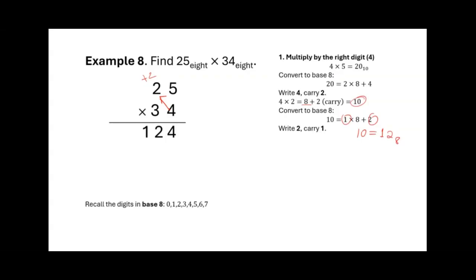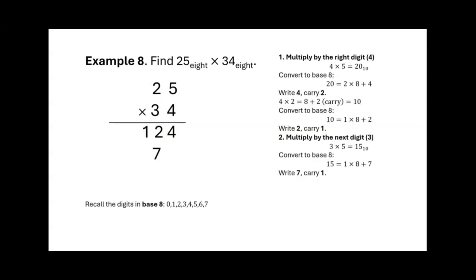I write down the 2 and carry the 1 onto the next value as an addition. Since there's nothing to multiply, I just do the final carry, and I get 1, 2, 4. So if you multiply 2, 5 by 4, my result is 1, 2, 4.